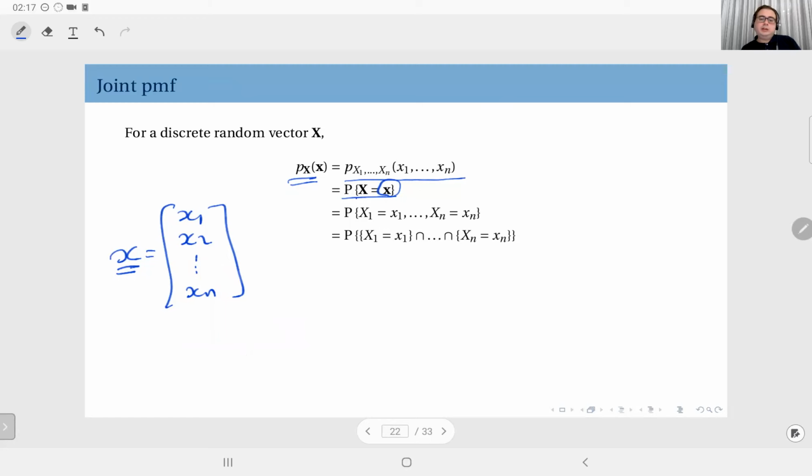As you see, it's very similar to the definition of the PMF for a random variable. We just extend the definition of PMF to a higher dimensional space.